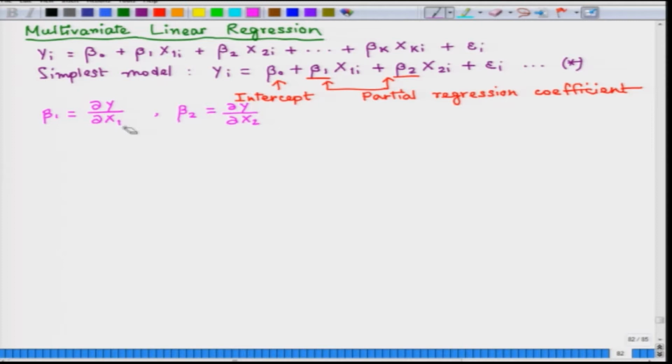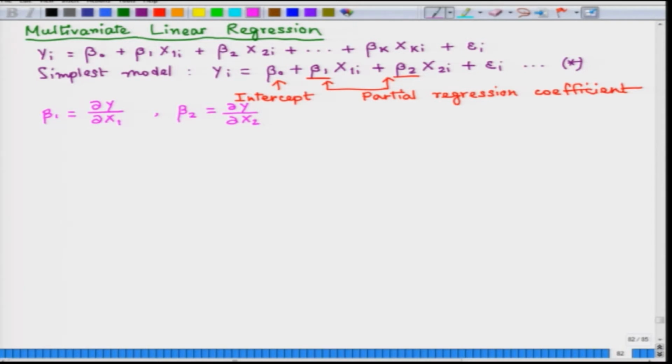Okay. So, these betas are basically indicating the change in the dependent variable associated with 1 unit increase in the explanatory independent variable, but simultaneously holding all other independent explanatory variables constant in the equation. So, the coefficient beta 1 measures the impact of 1 unit increase in the variable x 1 on the dependent variable y, holding the x 2 variable constant.